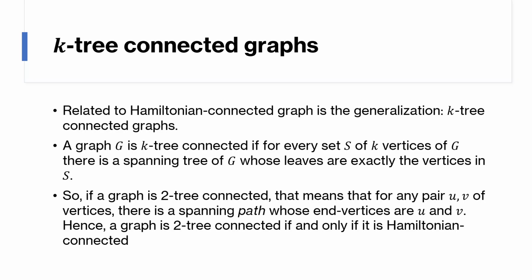But a spanning tree with two leaves is just a path, right? And so that's equivalent to finding a spanning path whose end vertices are U and V. But a spanning path, that's a path that involves every vertex of the graph, and so that is a Hamiltonian path. And so a two-tree connected graph is really the same thing as the graph being Hamiltonian connected.